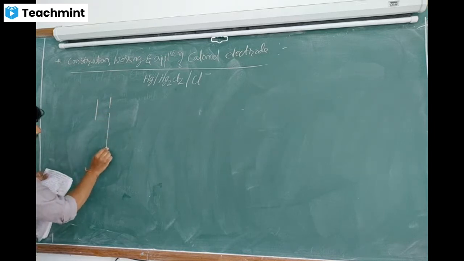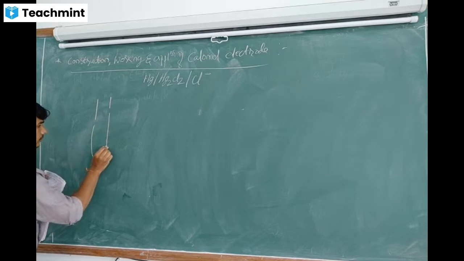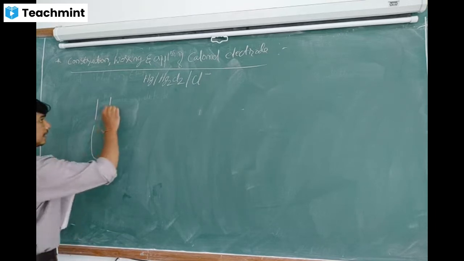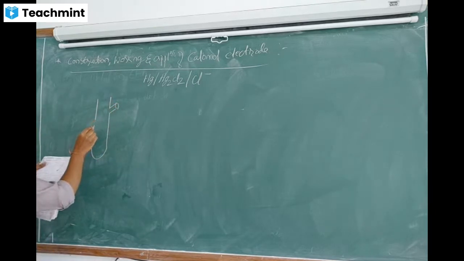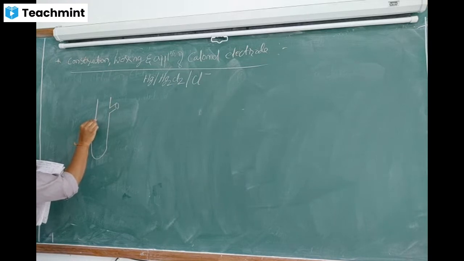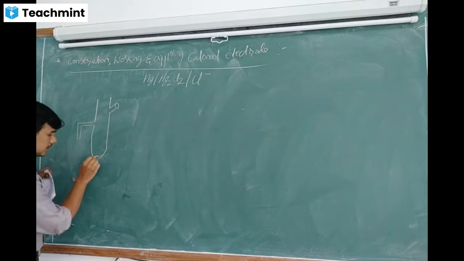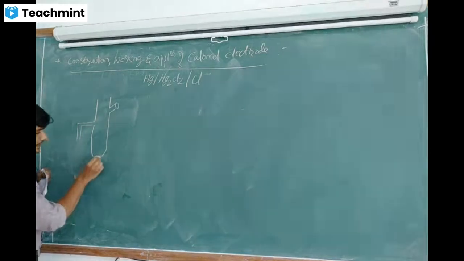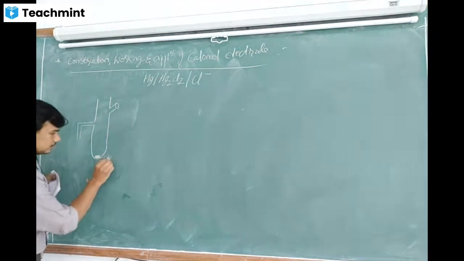So calomel electrode consists of a glass vessel with two side tubes. One is at the top and another one is at the side. Okay. So at the bottom of the glass vessel, pure high grade mercury is placed.